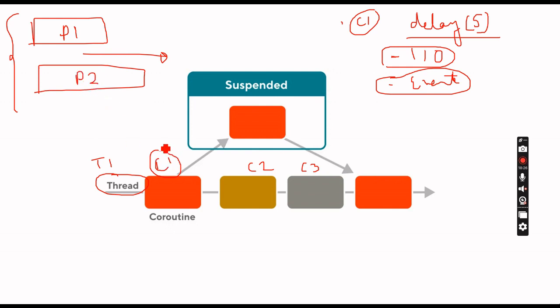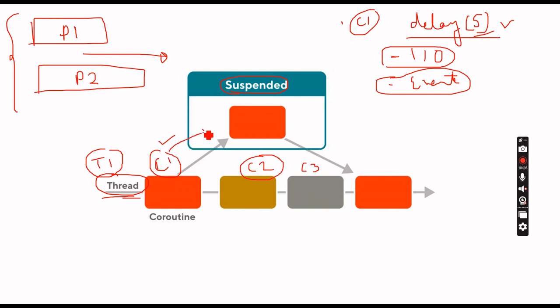Part one of the coroutine gets executed on thread T1, but it enters a waiting phase for delay, IO or event. Then it enters a suspended state. C1 goes into a suspended state where it says I don't need any CPU resource or any resource for 5 seconds. So the thread becomes free when the coroutine gets suspended, and it starts executing another coroutine, C2, on the same thread.